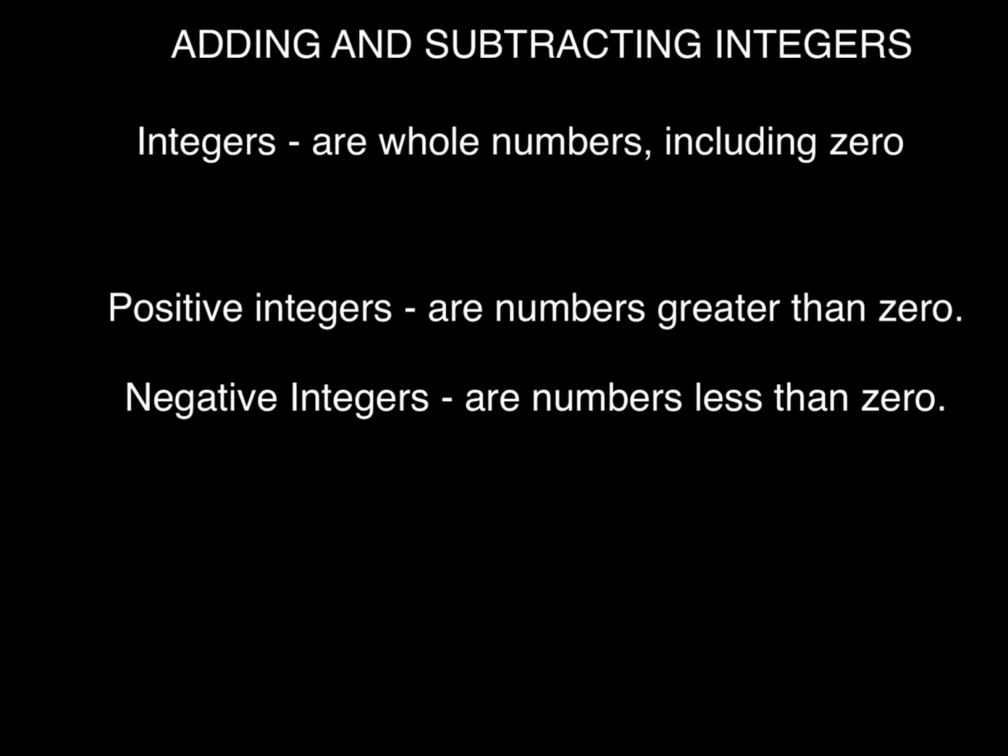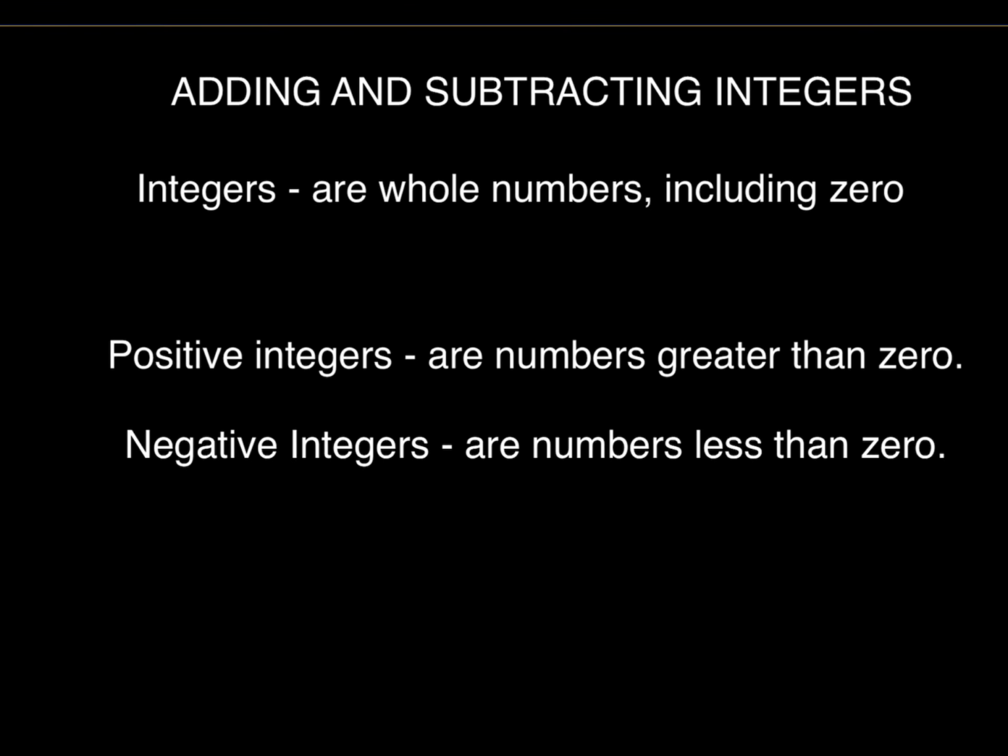Integers are the whole numbers, including zero. For example, you have 0, 1, 2, 3, 4, and so on and so forth.